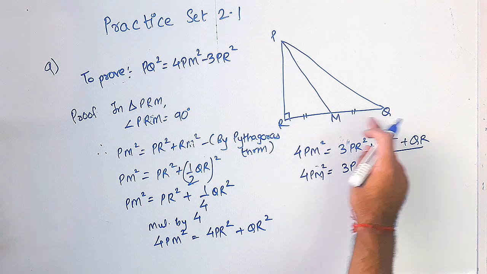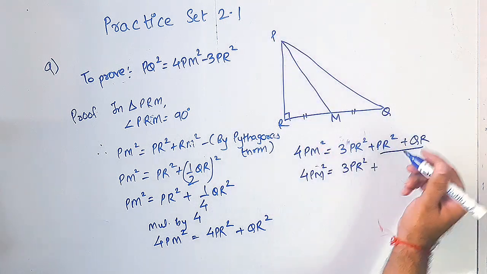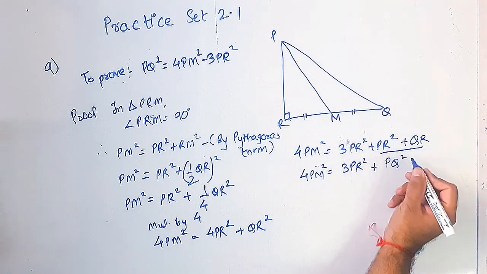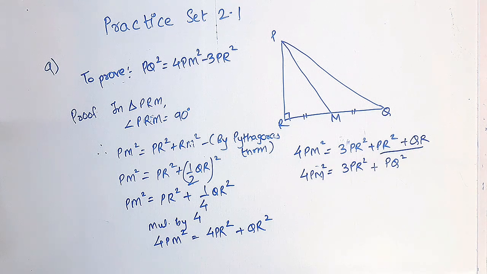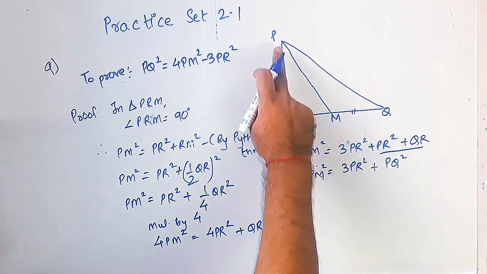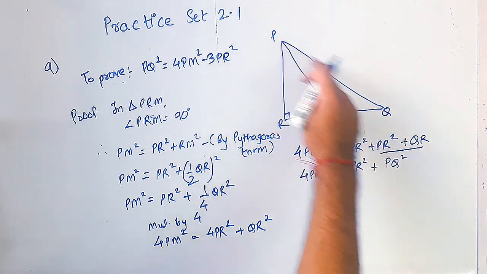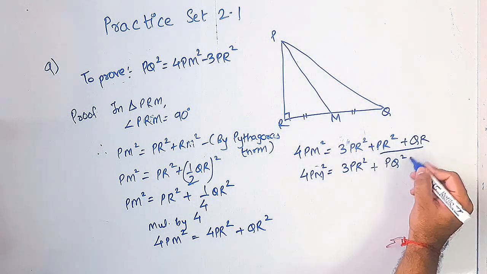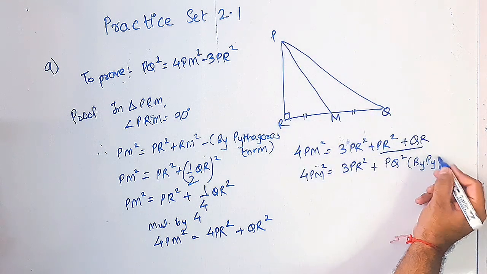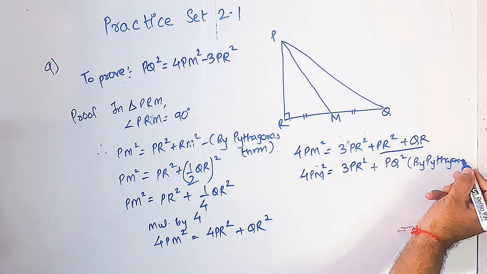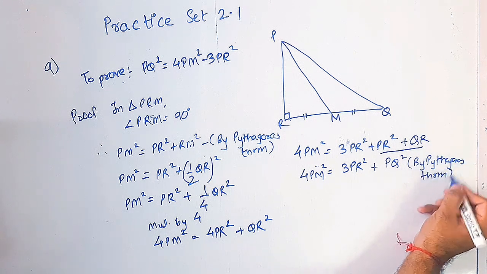If you see PR square plus QR square, by Pythagoras theorem, it will be PQ square. This is PR square plus RQ square is equal to PQ square, so here also I'll write by Pythagoras theorem.